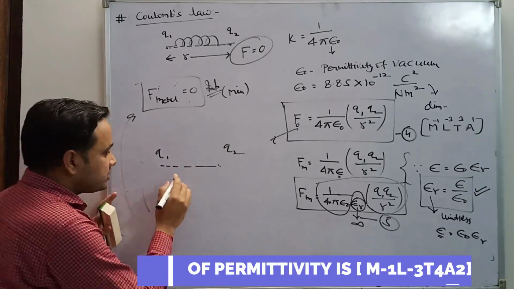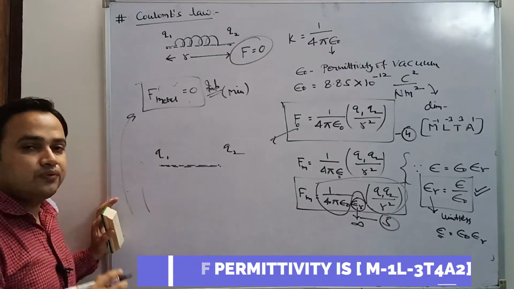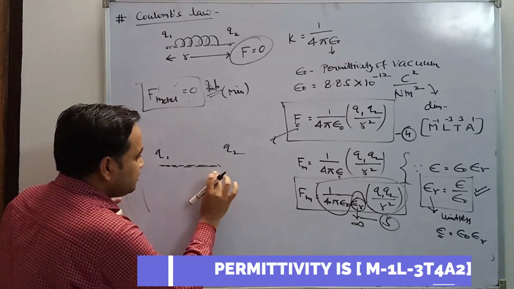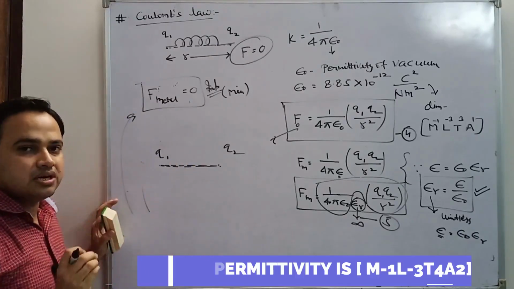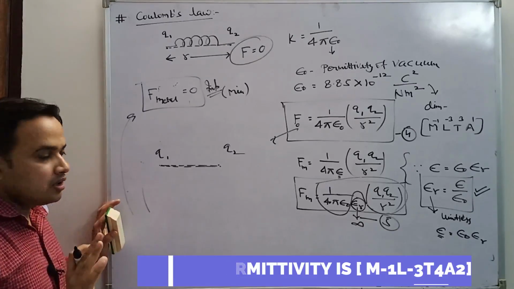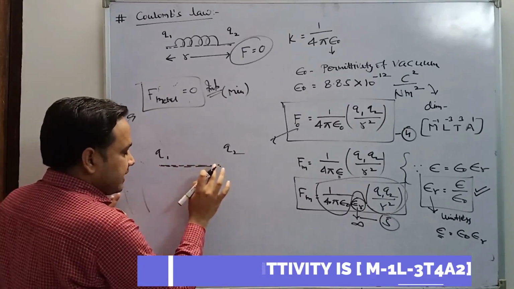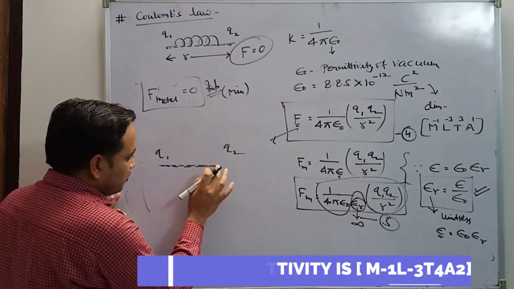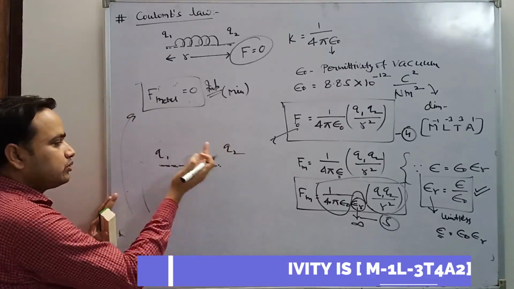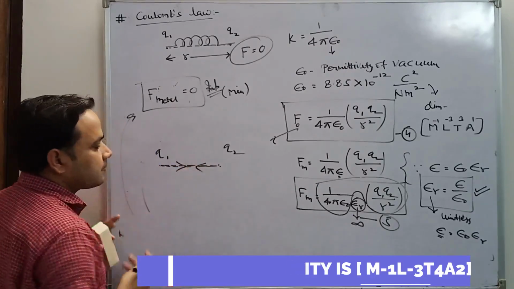The direction of force is always along the line joining these two point charges. Keep in mind, Coulomb's law is always valid for point charges. So this charge applies a force on that charge, and similarly q2 applies a force on q1.